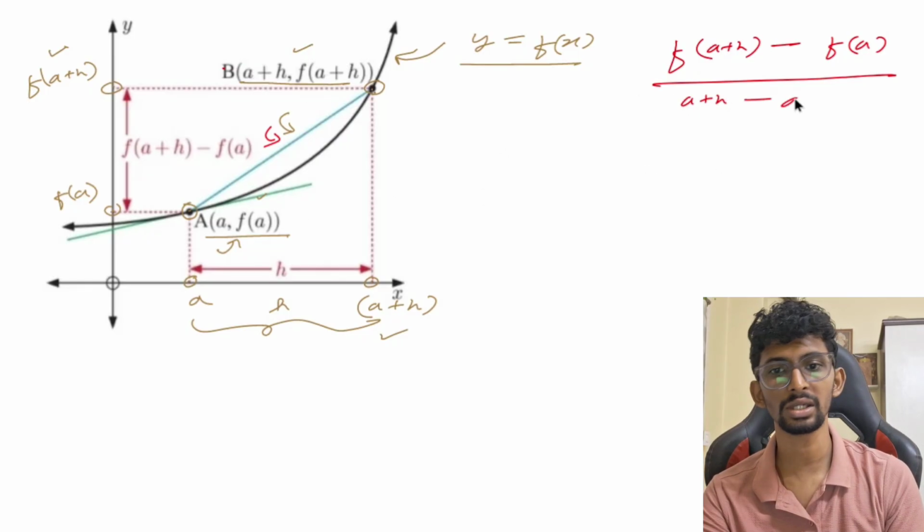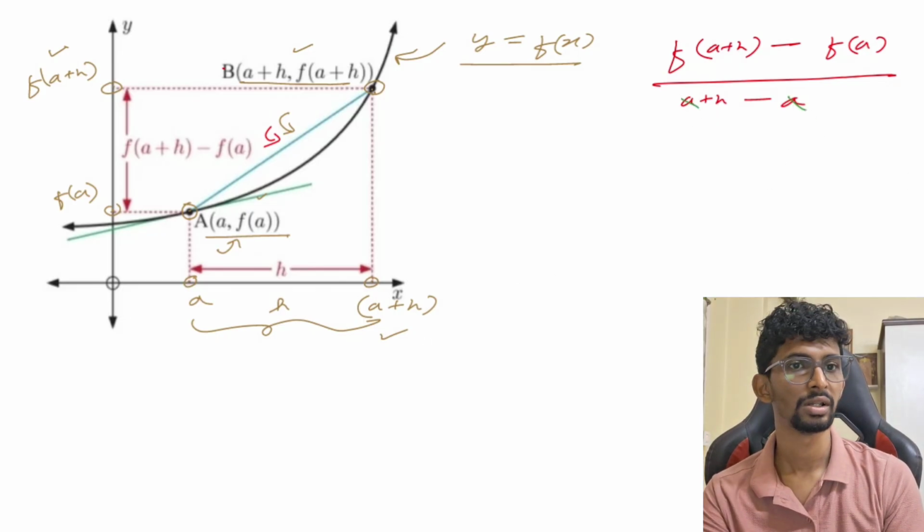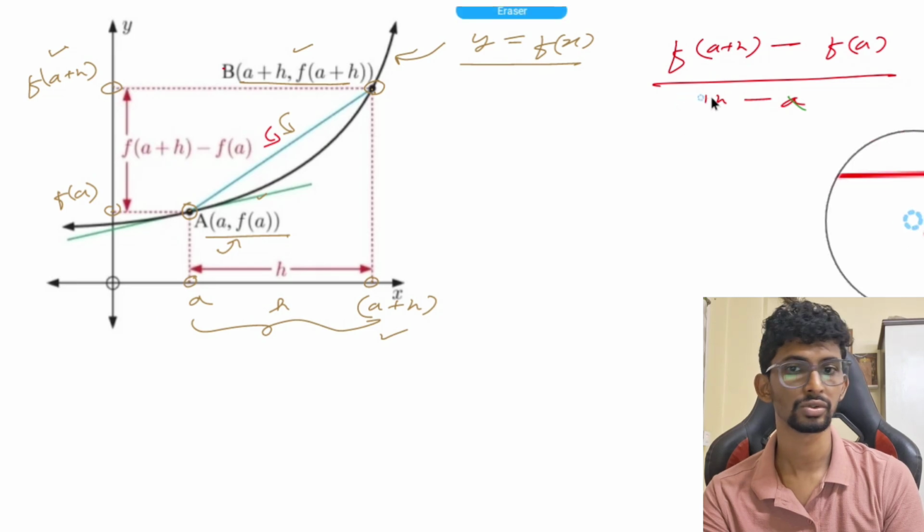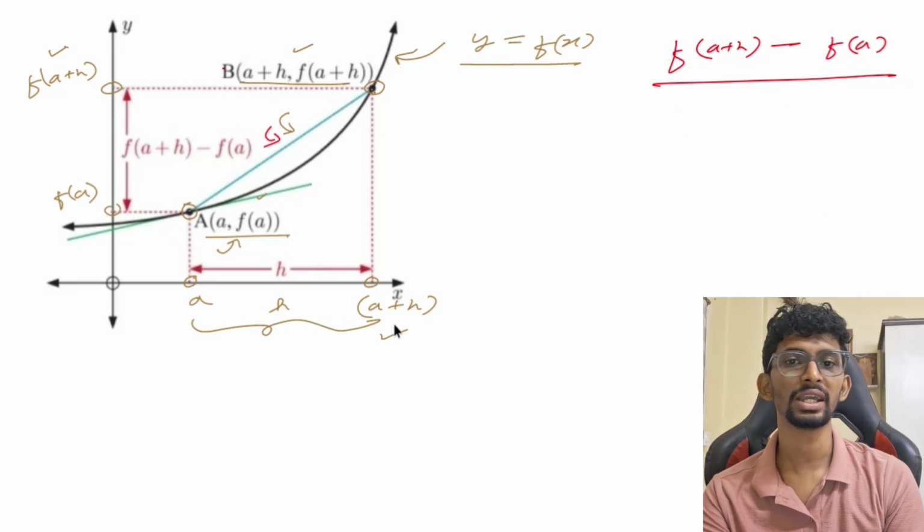Now here you can see a is getting cancelled, so we are left with only h. So the gradient of this chord will be f of a plus h minus f of a by h.